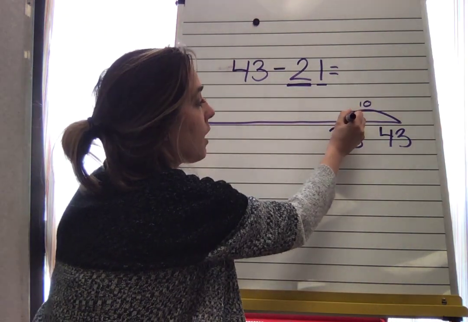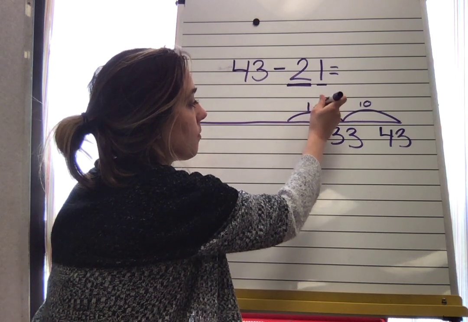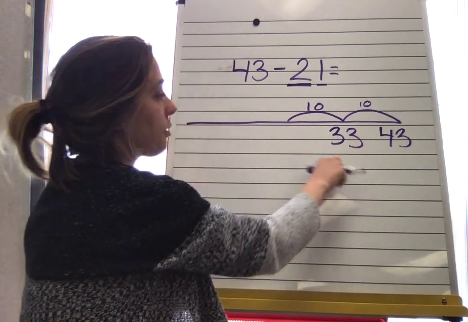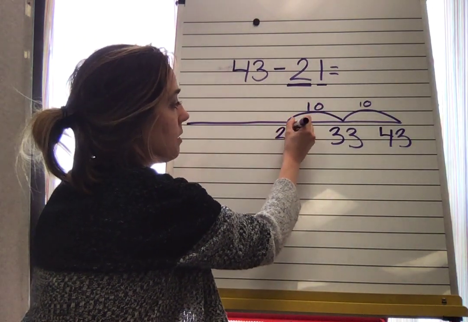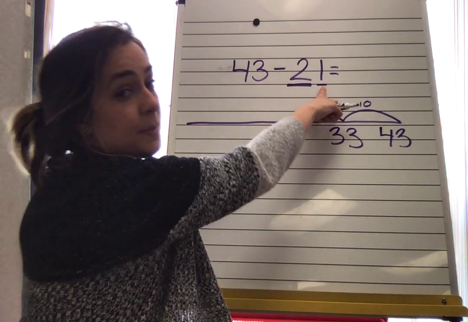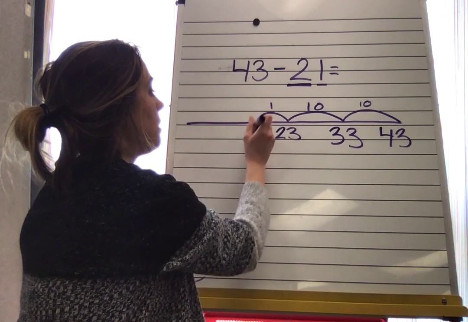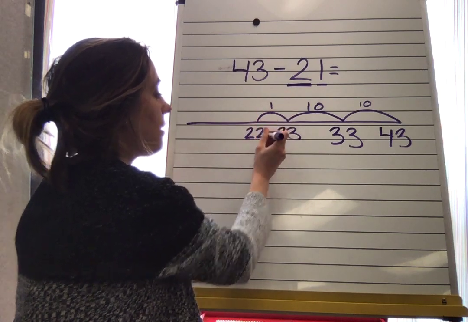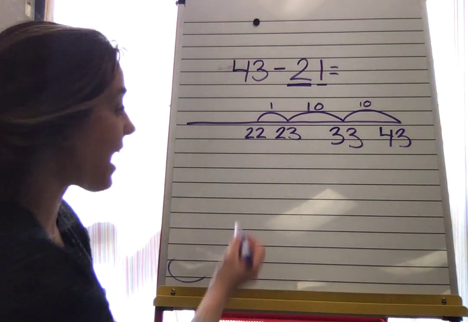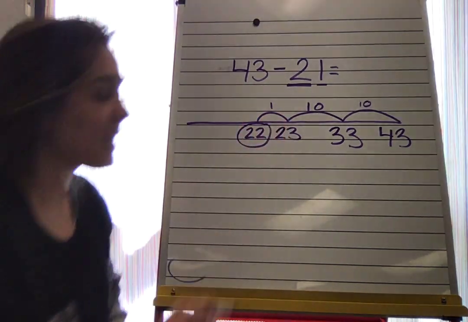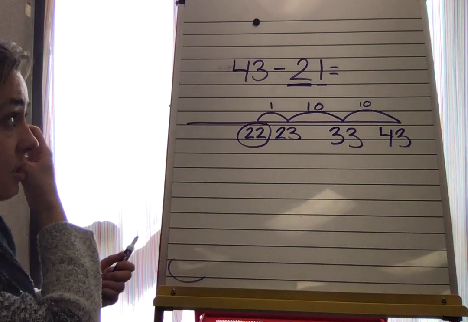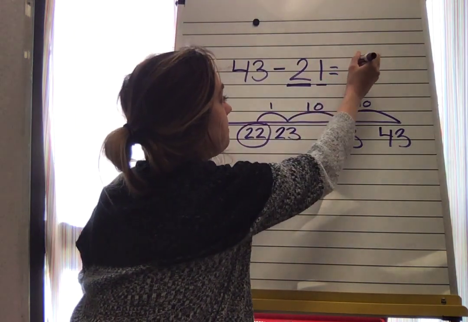So I need to do 1 more hop of 10. Okay, 43, 33, 23. And now this tells me how many hops of 1 I need to take. And so that is my answer. All right, and then I would write it up here.